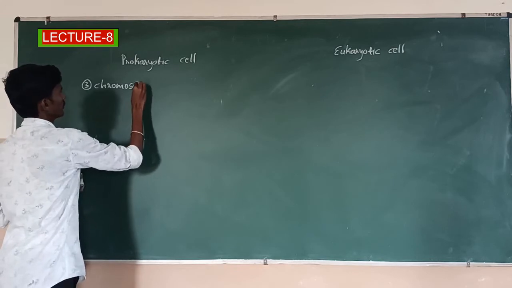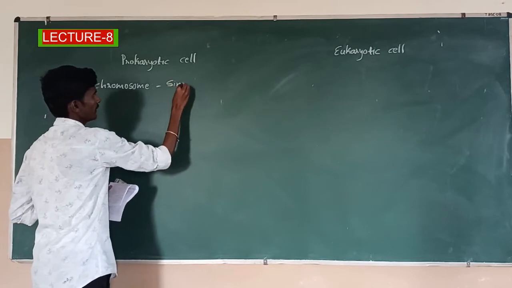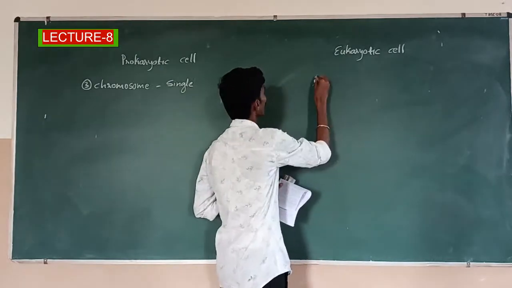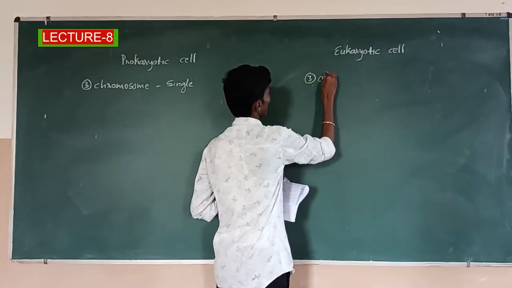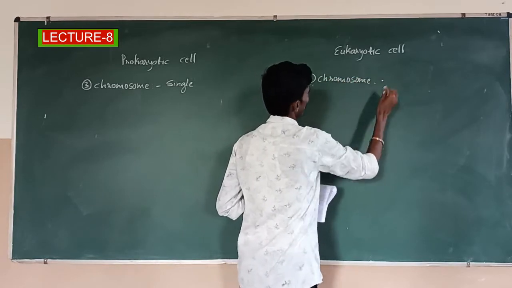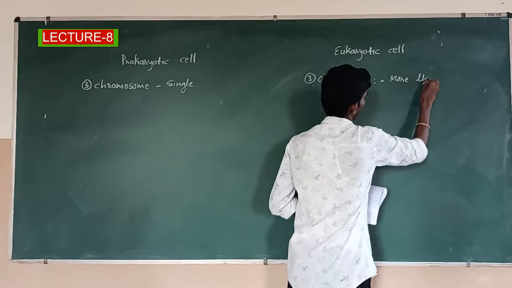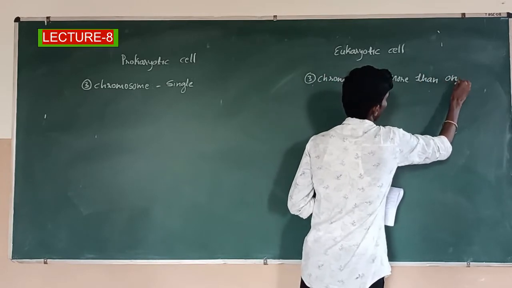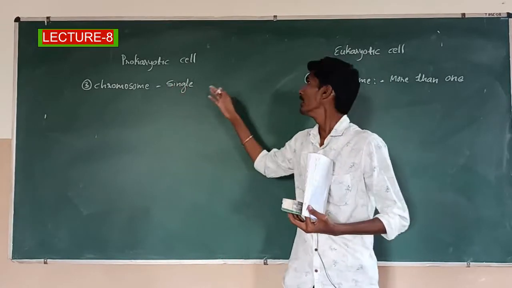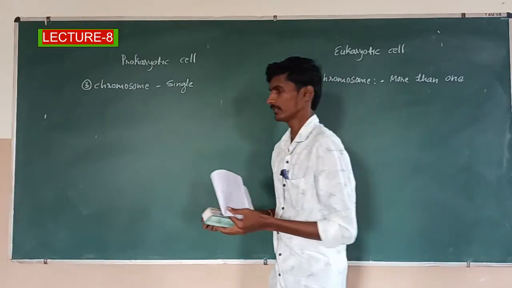In eukaryotic cells, there is more than one chromosome. In the prokaryotic cell, the chromosome number is single, and in the eukaryotic cells, the chromosome is more than one.